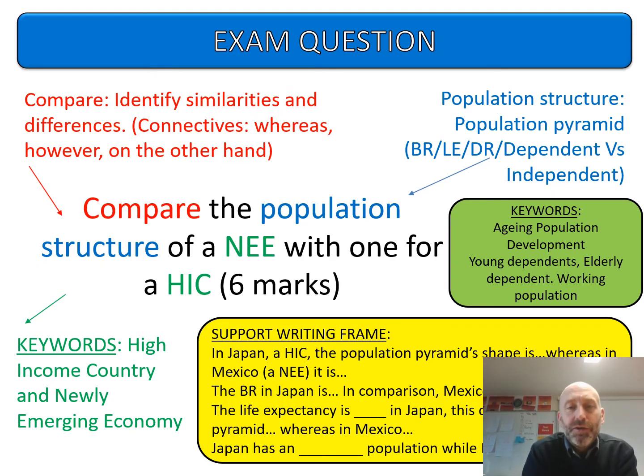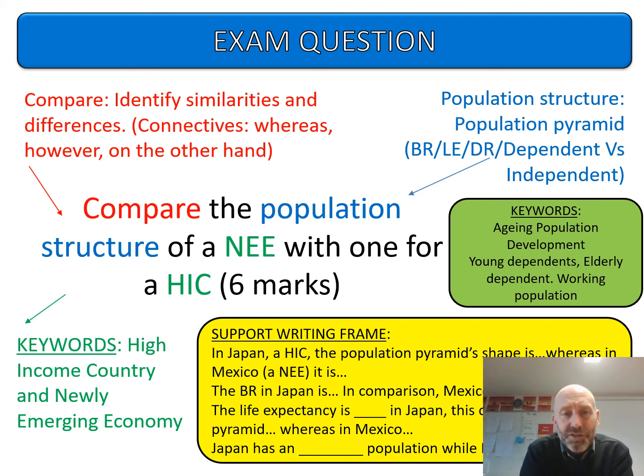So we're going to look at these two here, and I want you to complete this question. Write the question out. Compare the population structure of a NEE with one for a HIC. They would give you this question and the 2 population pyramids, and then they would expect you to understand what's being asked of you. So obviously we would bug the question. We know that compare is the command word.